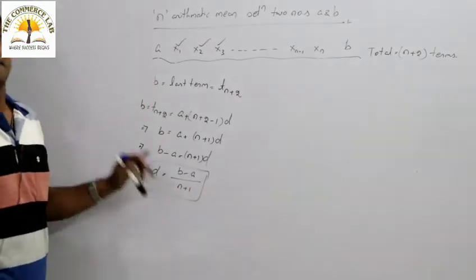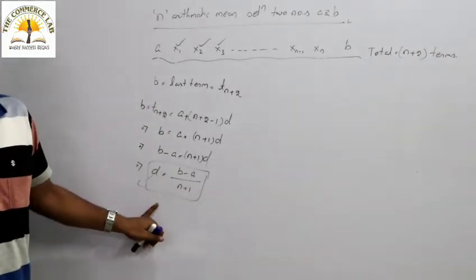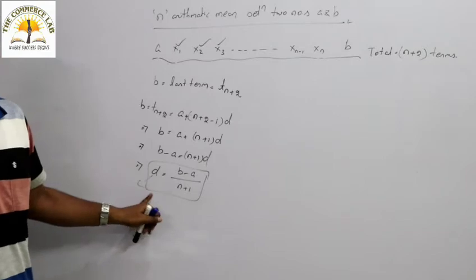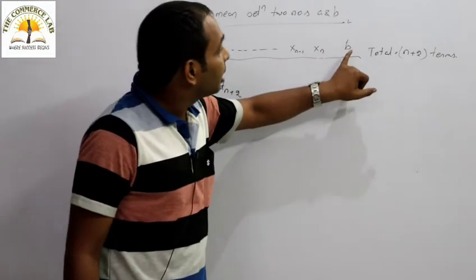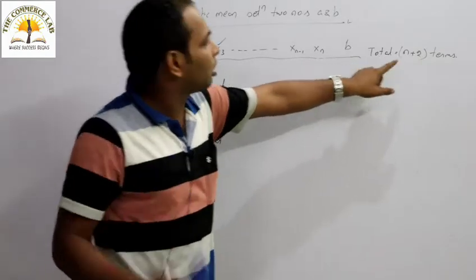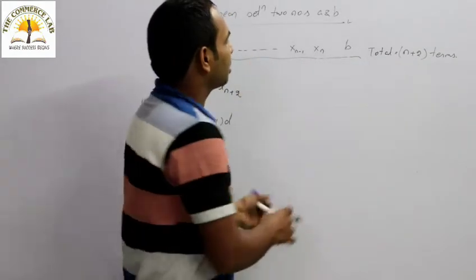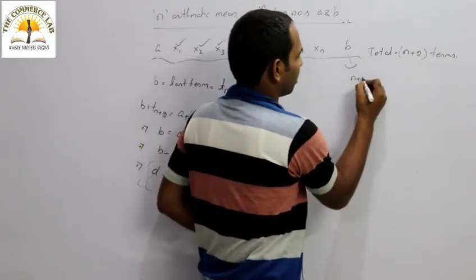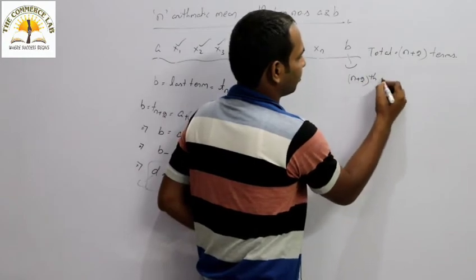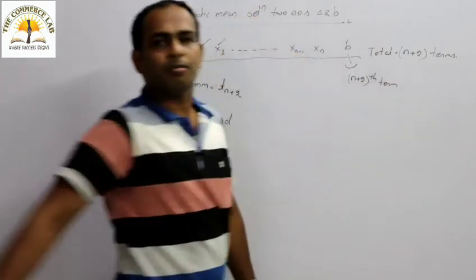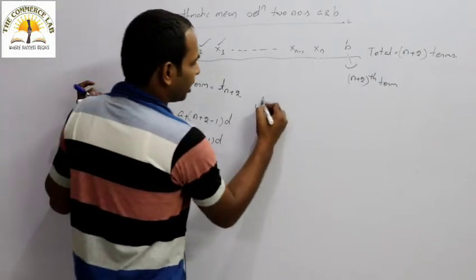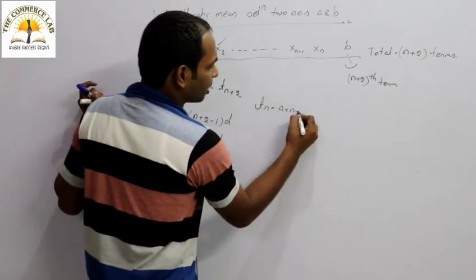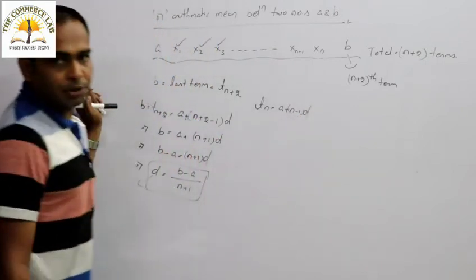What do you mean by d? d is your common difference. So b is your last term, or here the last term is your n plus 2 term. So Tn plus 2 equal to, we know Tn equal to a plus n minus 1 into d.